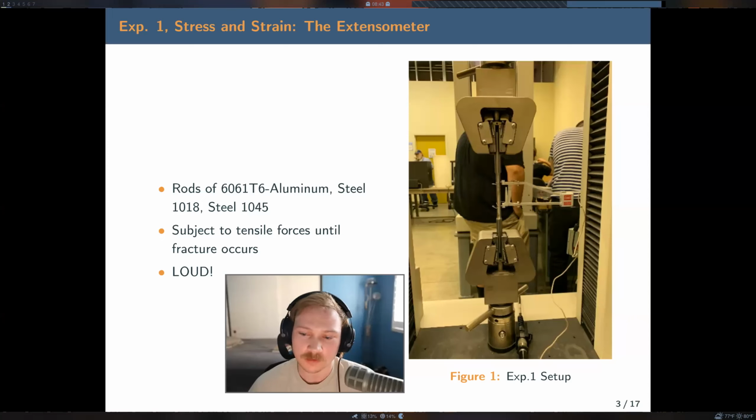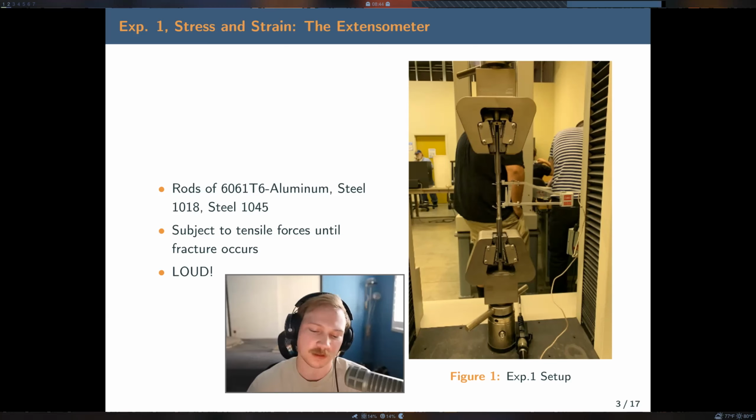But basically for this lab, we have 3 different rods of metal: an aluminum rod, 1018 steel, and 1045 steel. For each of these rods, we're going to use this machine that you see here, called the MTS Insight Tensile Testing Machine. We're going to apply tension to these rods and keep applying tension until they break.